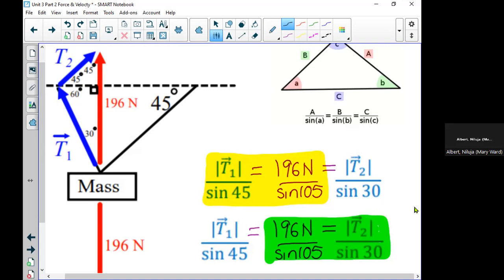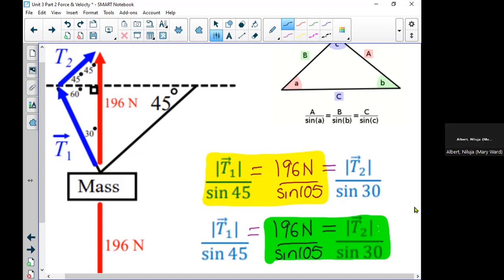So my side length for T1 is going to be equal to sine 45, because that's opposite from that side length. And we're trying to solve for the magnitudes here. The side length T2 is going to be opposite to sine 30. And my 196 newtons, I know that side length, that's going to be opposite to sine 105.